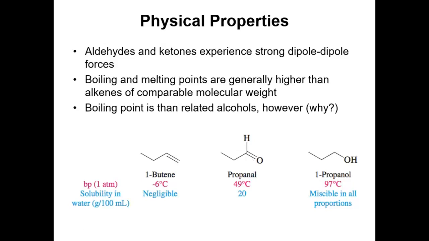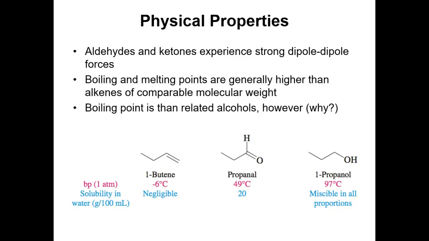That is expected because in hydrocarbons you mainly have the induced dipole interaction. But in aldehydes or ketones, because the carbonyl group is highly polar, the entire molecule has an appreciable dipole moment. So for aldehydes and ketones, in addition to induced dipole interaction, you also have a permanent dipole interaction.